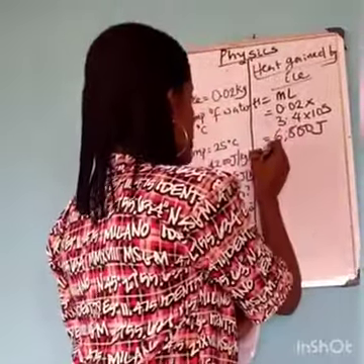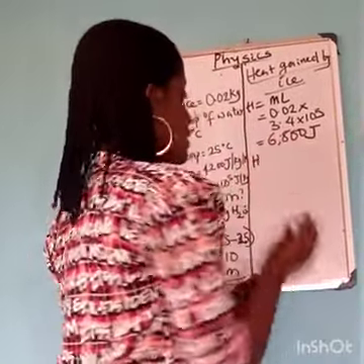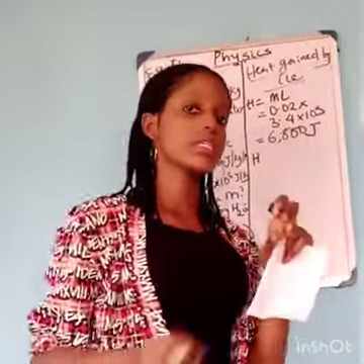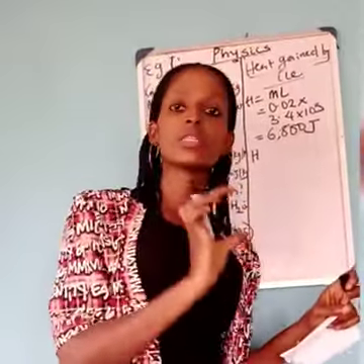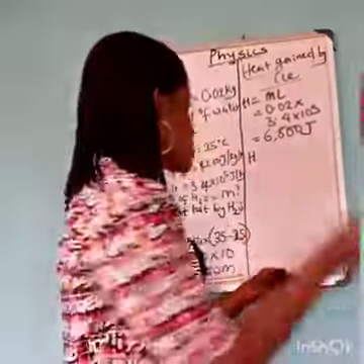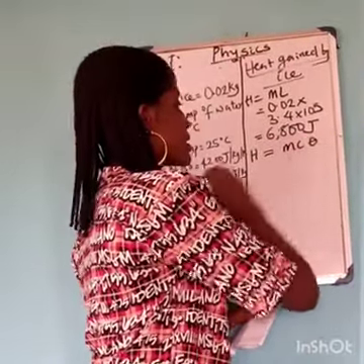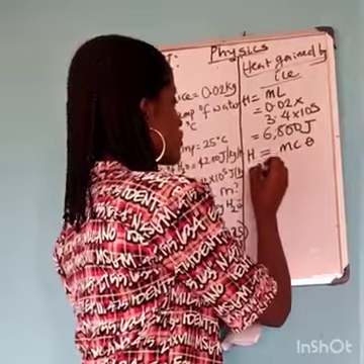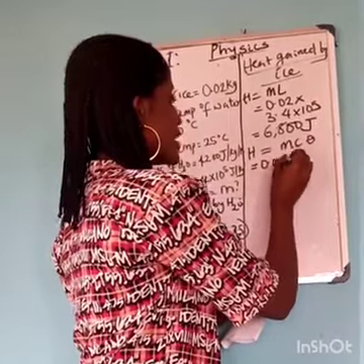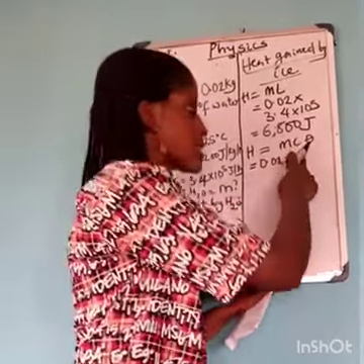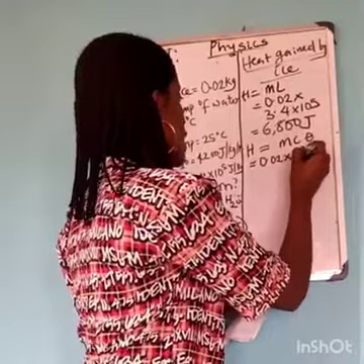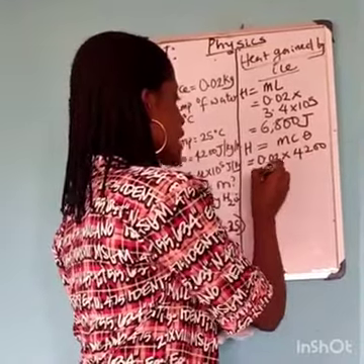So the heat gained by ice, that's the water which has already melted, to increase its temperature from 0 degrees Celsius to 25 degrees Celsius is H equal to mcθ, which is 0.02 times the specific heat capacity of water, 4,200, times the temperature change.